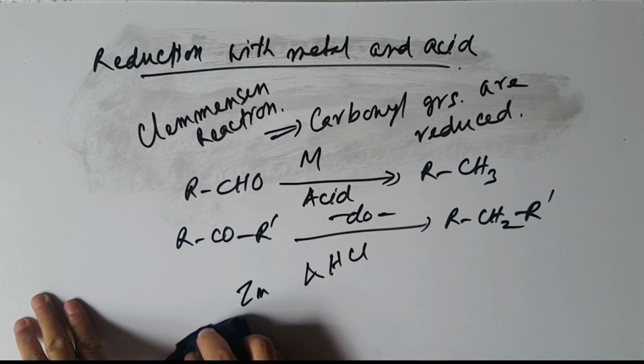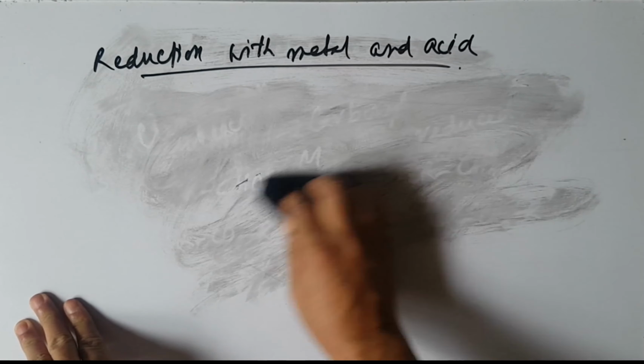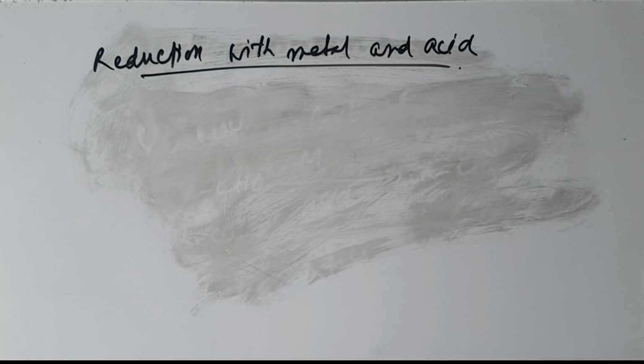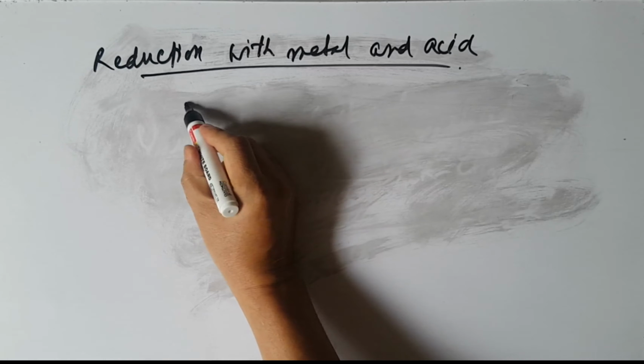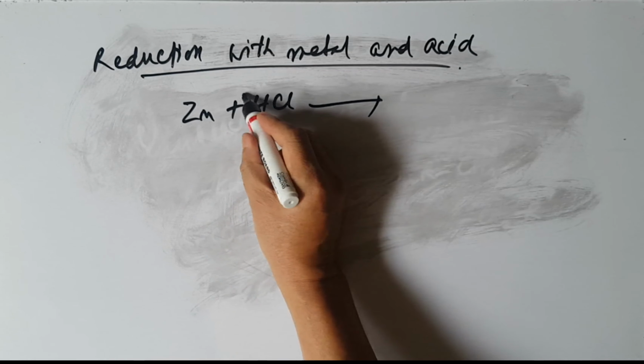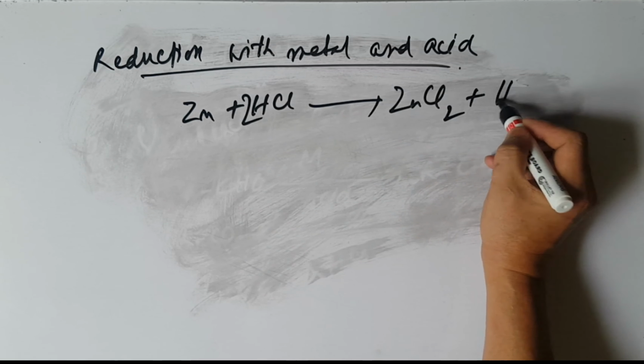When zinc reacts with HCl, you get zinc chloride and hydrogen is evolved.